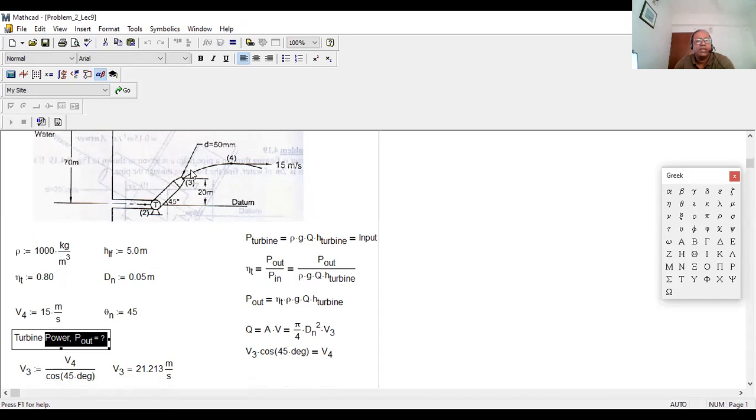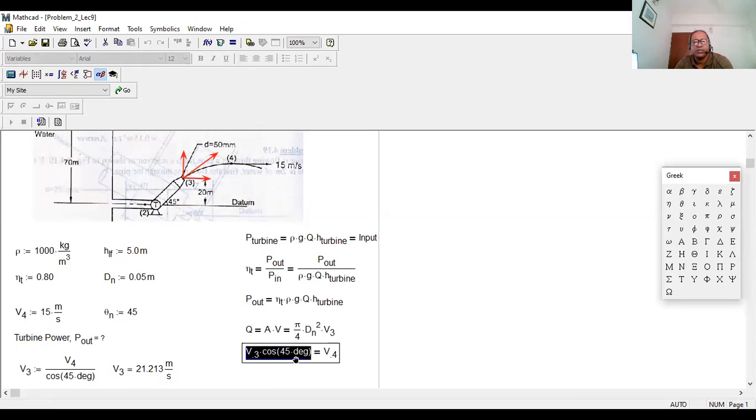So V3 is working along this direction, so it has two components, horizontal and vertical. V3 into cos 45 will be equal to 15, that will be equal to V4.